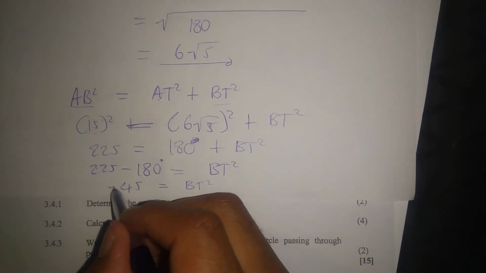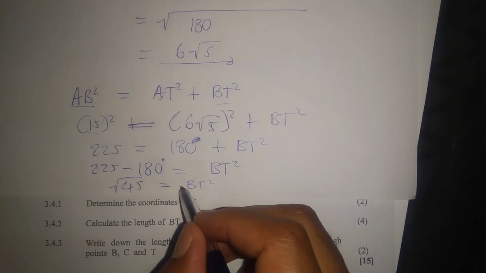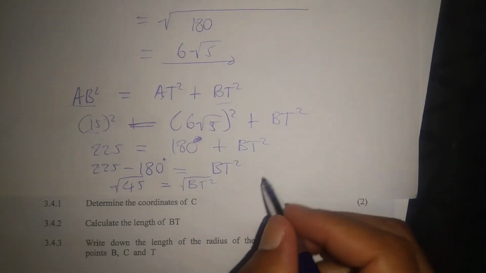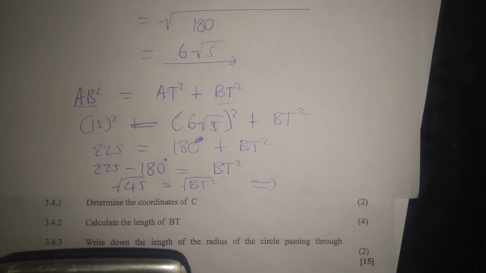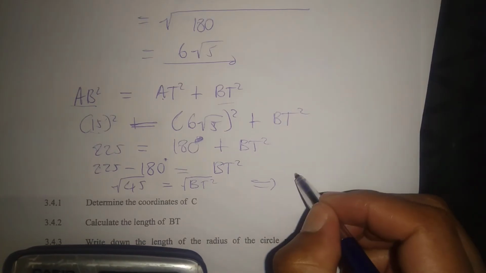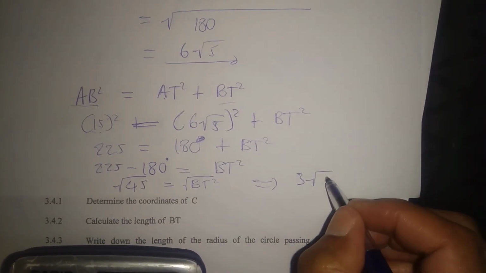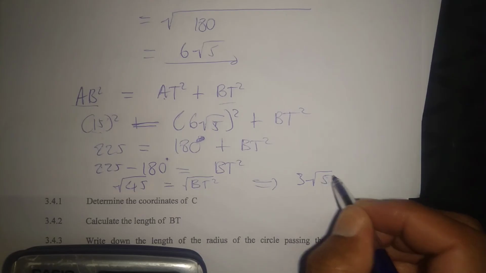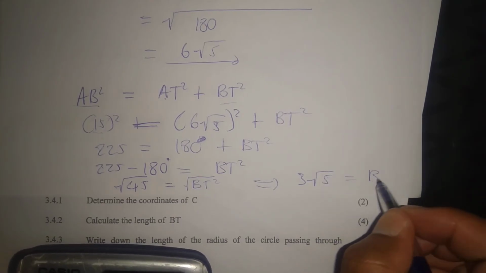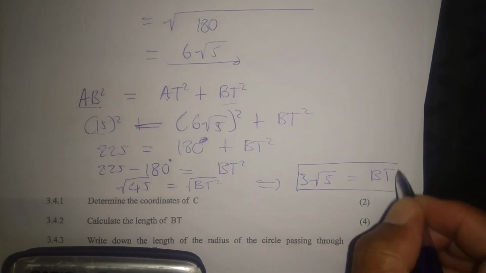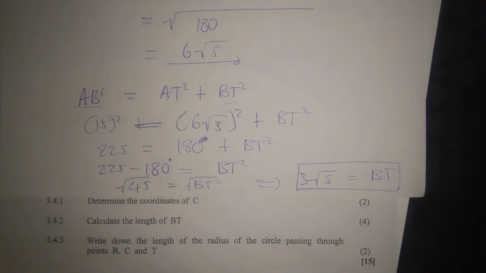What's the square root of 45? Square both sides. The square root of 45 is 3 root 5, which is our value for BT. So BT is equal to 3 root 5.